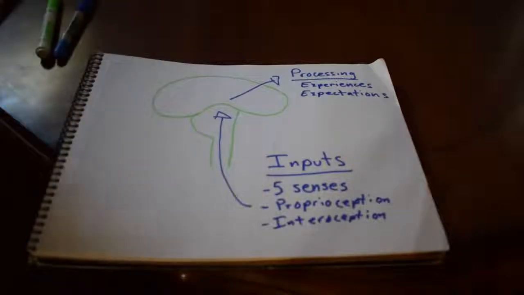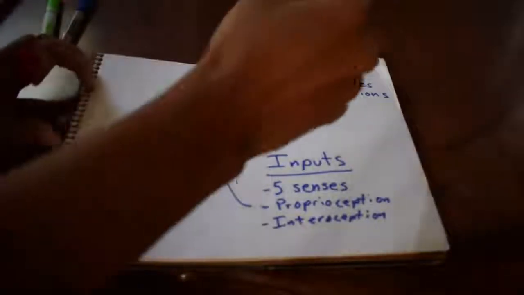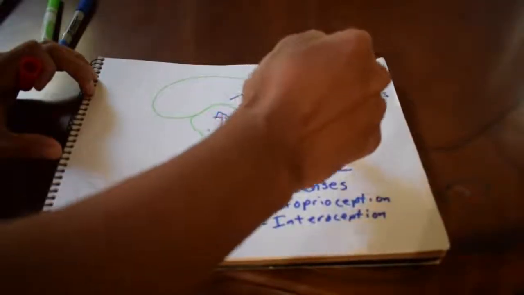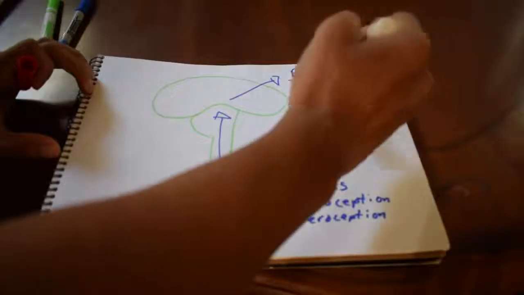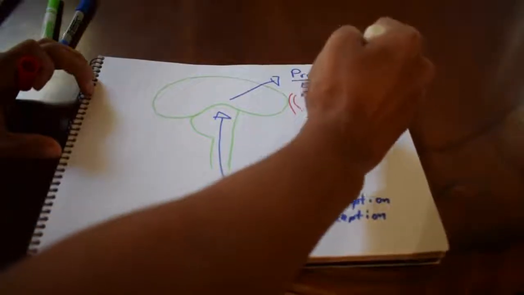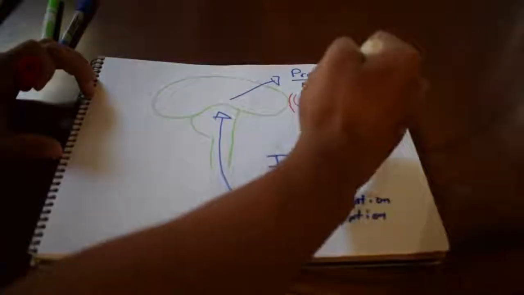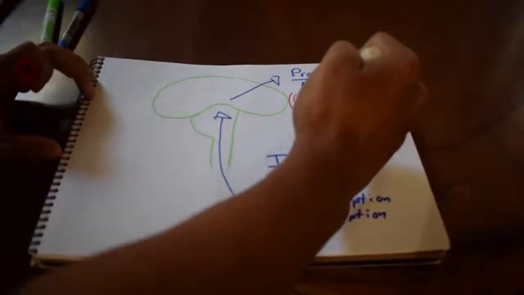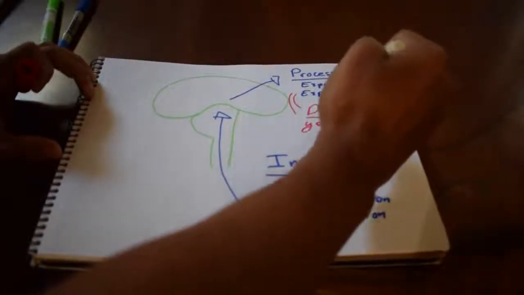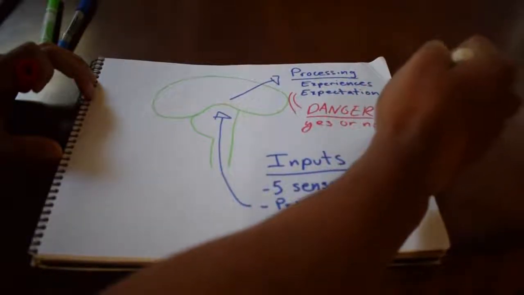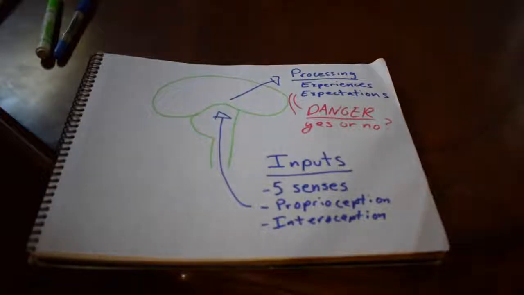Now, based on that processing, the brain has to make one decision. Remember, the brain's role is to keep itself alive. That's its evolutionary task. So it's processing these inputs through its past expectations, experiences, etc., and it decides, okay, is this dangerous? Yes or no? So that's the key function of the brain.